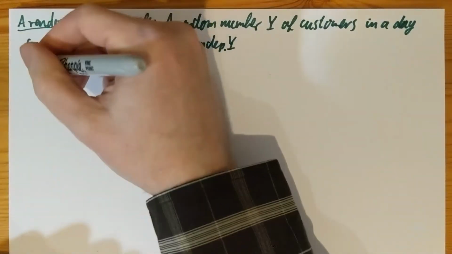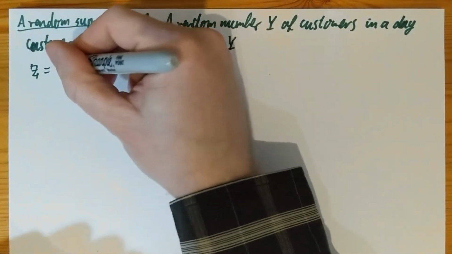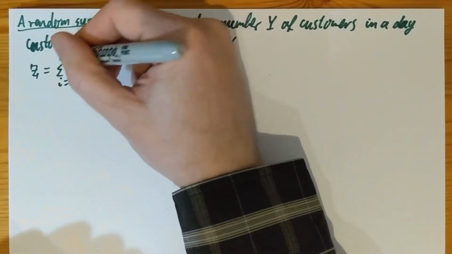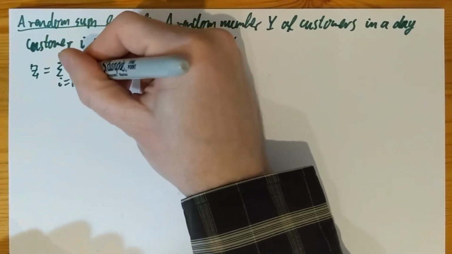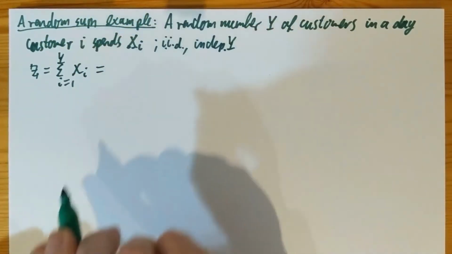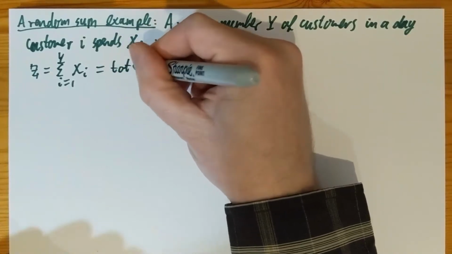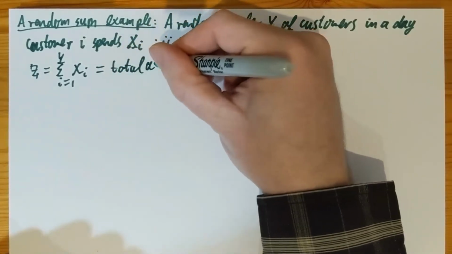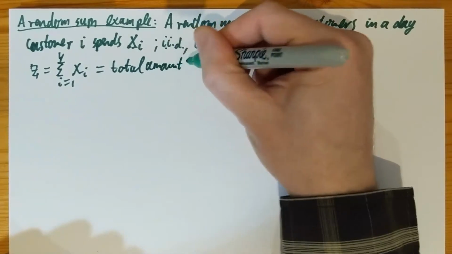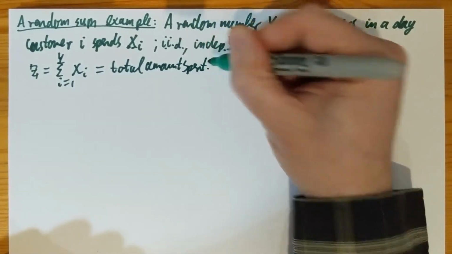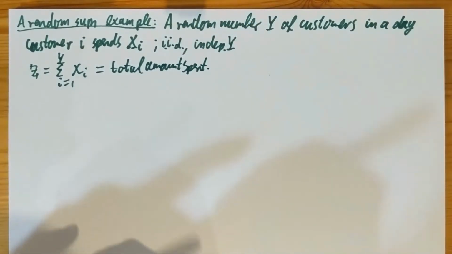And if I calculate Z to be the sum up to Y of the Xi, then this is going to be the total amount spent in your store. And assuming that the Xi's are also non-negative integers, again the conclusion I make is true for pretty much any Xi's.